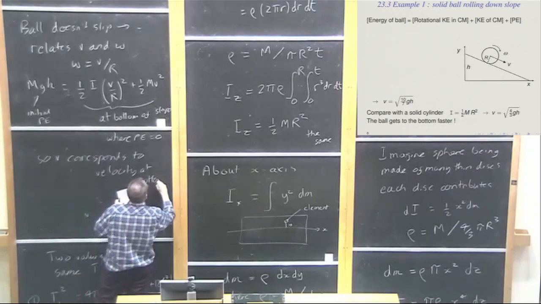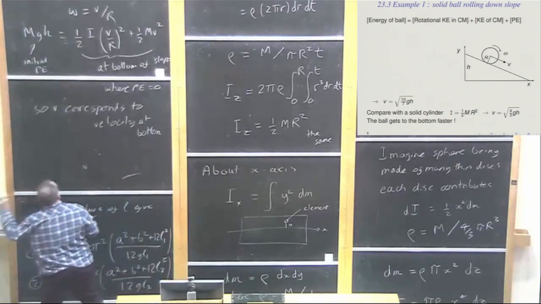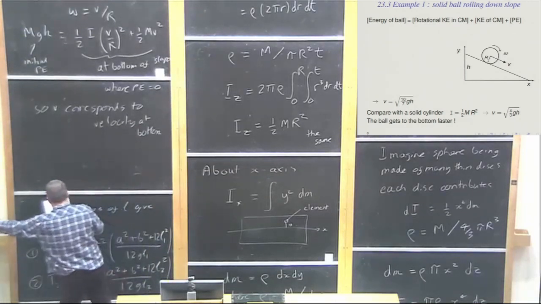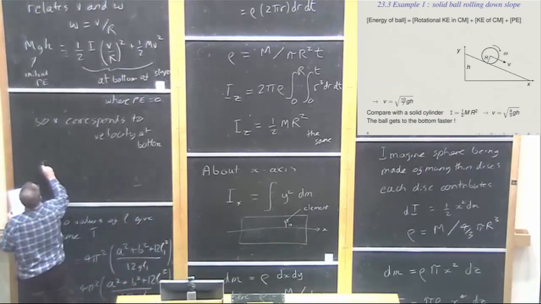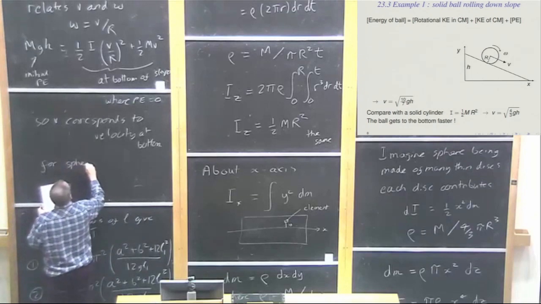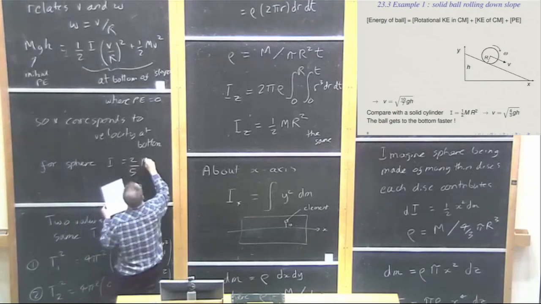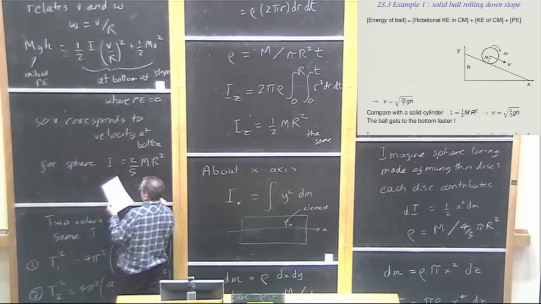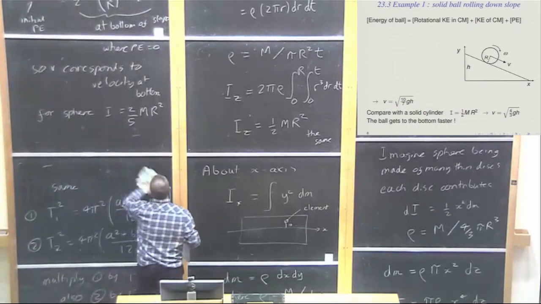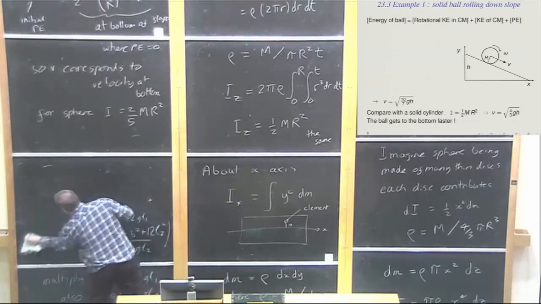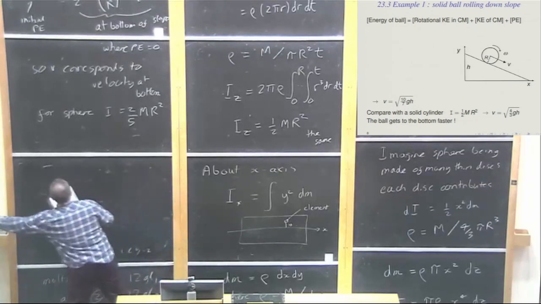So you could have trivially worked this out for a sliding block, but until a little while ago you wouldn't have been able to do it for a rotating ball. So for a sphere, what is I? Well, I is 2/5 big M R squared. This is the result we worked out. Okay, so now we know everything, and we can write an expression in terms of knowns and v.